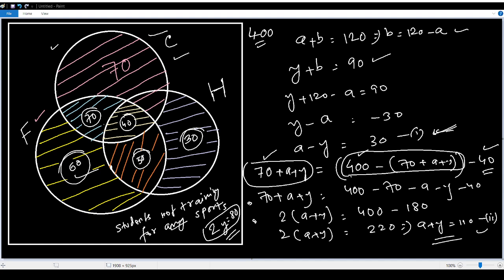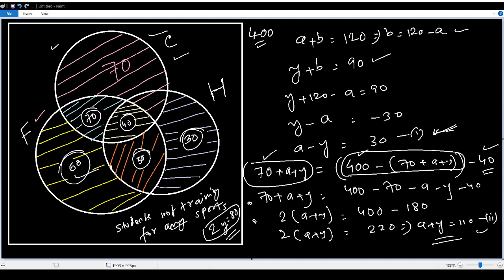The percentage point difference between the, now see, try to understand what this is. Percentage point difference you will find in the Arun Sharma book also. Percentage point difference means find out two percentages and then find out the difference between them, not how much percentage one is of something else. The percentage point difference between the number of students who train for exactly one sport and those who train for exactly three sports.